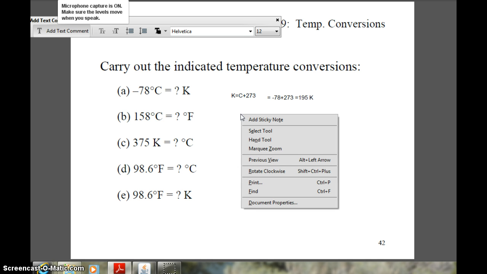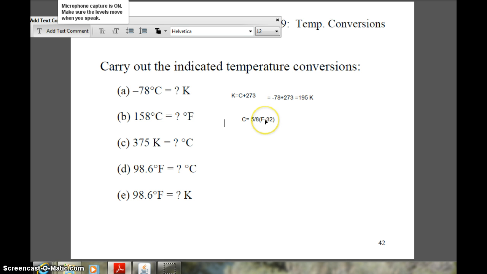So we are going to simply plug in the value of Celsius as 158 and solve for F. So you will get 158 times 9 divided by 5 is equal to F minus 32, and then simply solve it for F. I'm going to plug in the numbers on my calculator, and so should you.